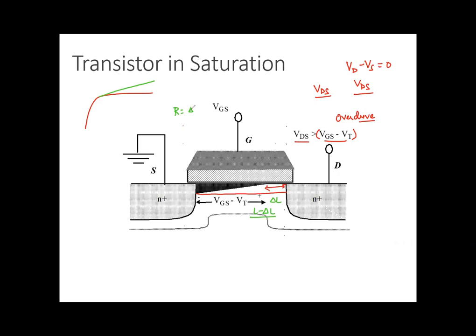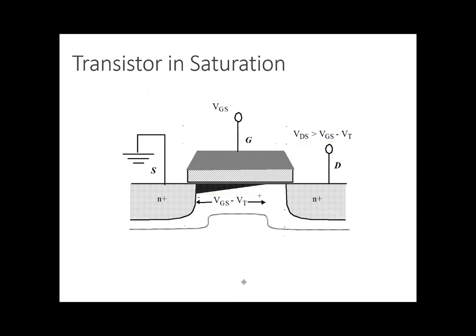Current is proportional to 1 by L, so this is going to be on the decreasing side. So this makes your current increase. That happens when your transistor is in saturation. Otherwise, you would find that for a particular VGS, we apply VDS and your current saturates. But because of channel length modulation, your current does not saturate, it keeps on increasing.